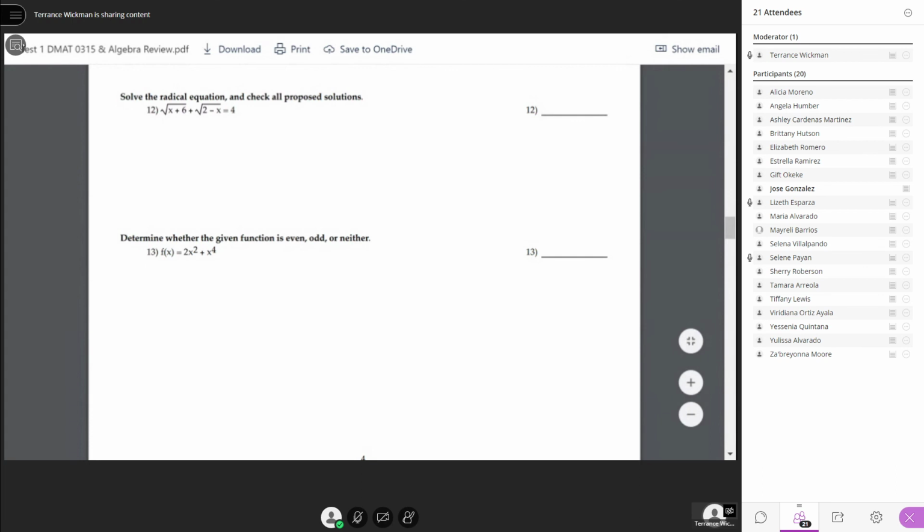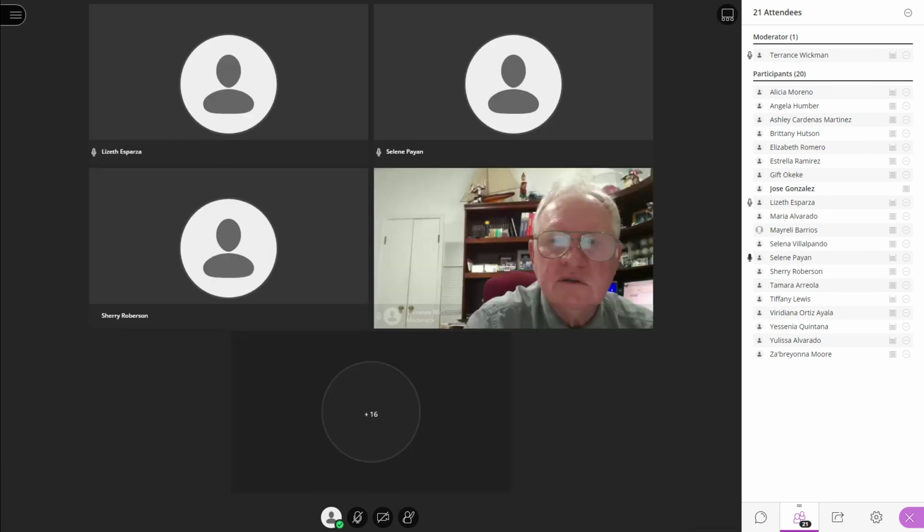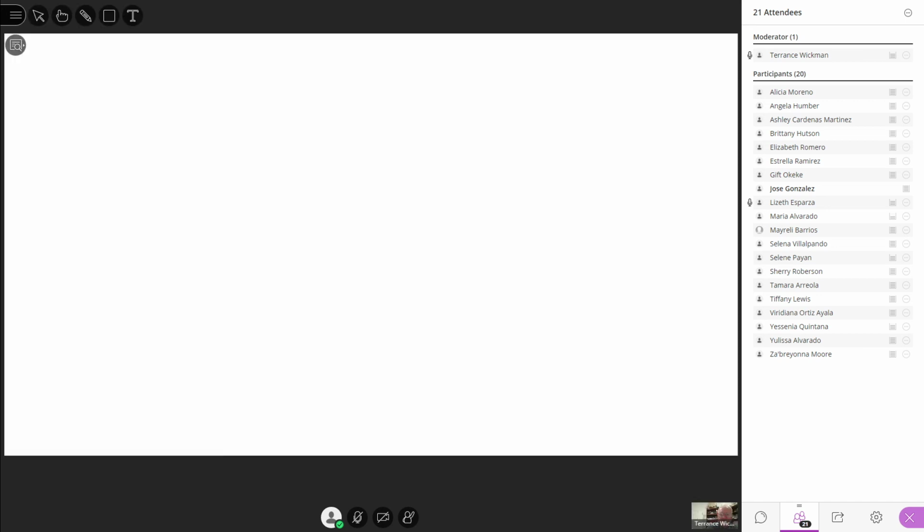Can you guys see 15? Yes. All right. 15 I'm going to show you, and you should be able to do well on this one. 15 says they have h of x, a function, equals the absolute value of 16x plus 81.